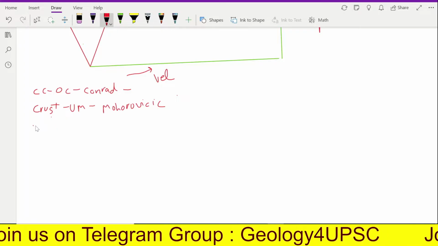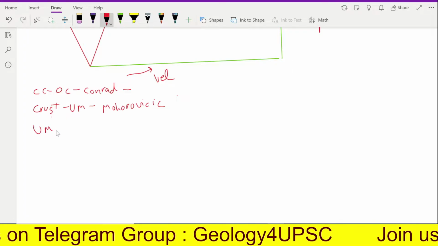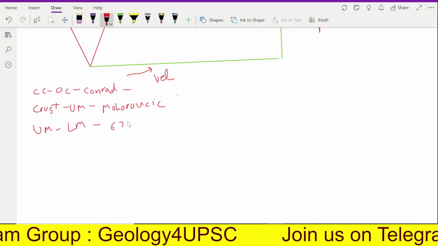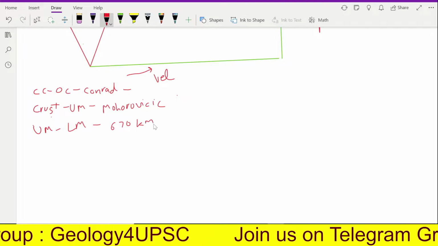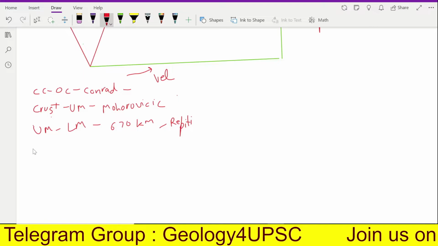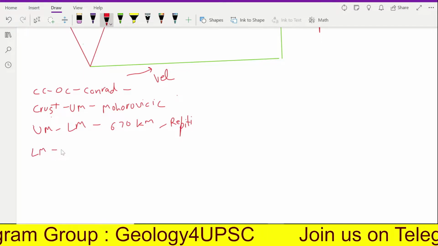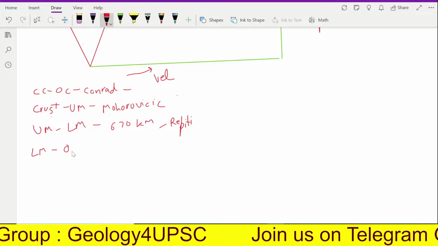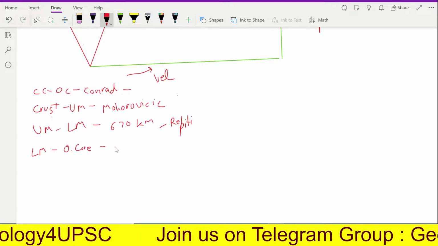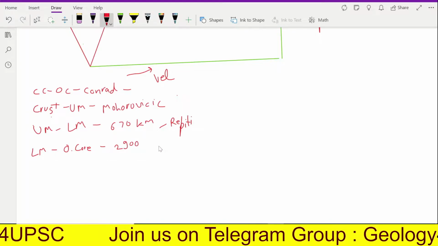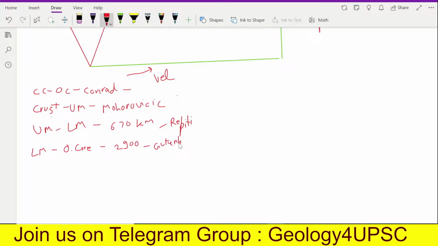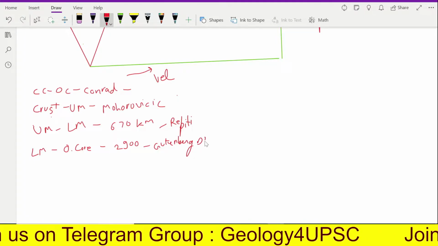Then we have one structural discontinuity between upper mantle and lower mantle at 670 kilometers, called the PT boundary. Then between lower mantle and the outer core at 2900, which is your Gutenberg D double prime.